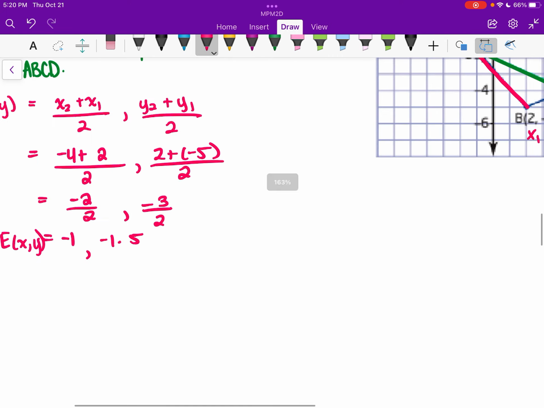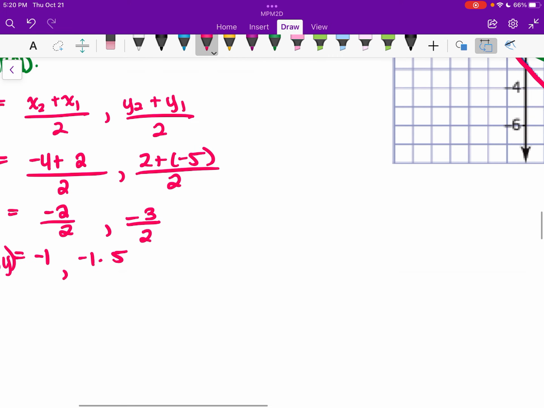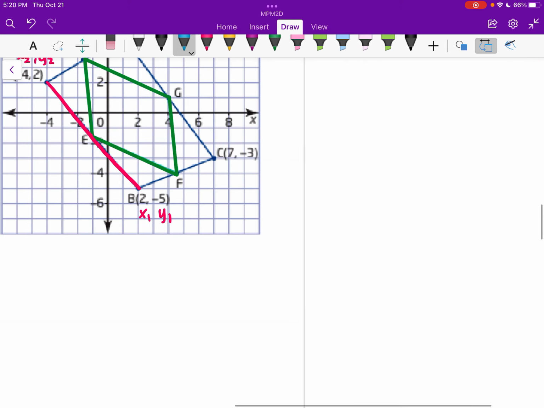Okay, and then we're going to go ahead and find the coordinates for F. So I know that F right here is B to C. That's what I'm looking for. So maybe I'll keep the B as x1, y1, and we'll make this x2, y2.